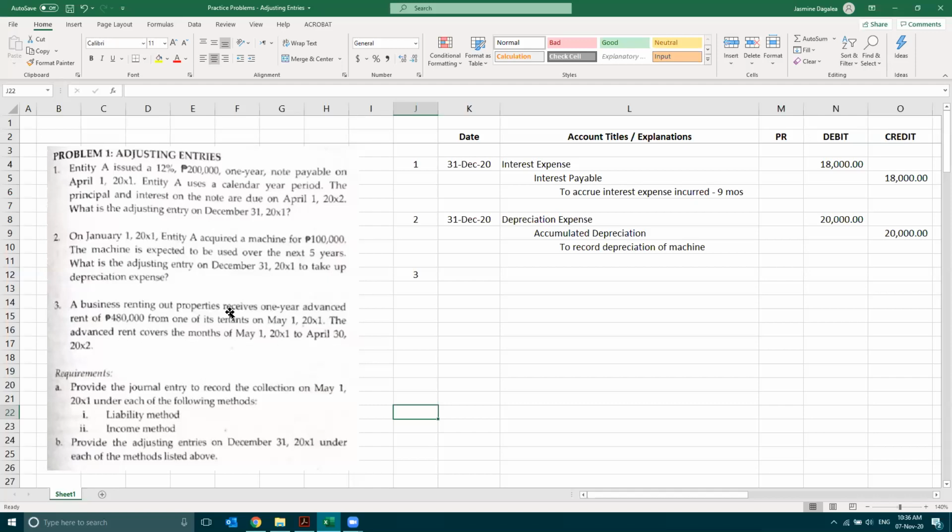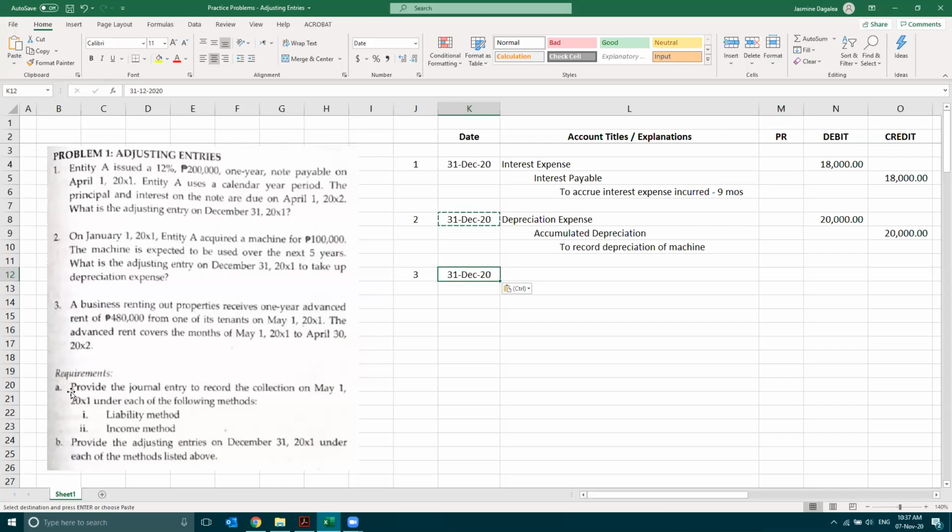So, the advance received is for 1 year. You will record it as of December.